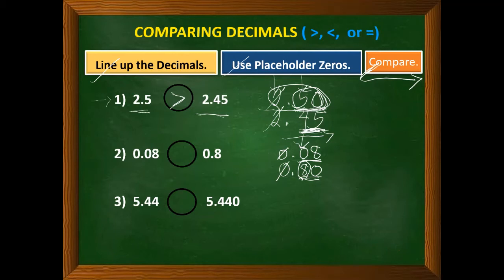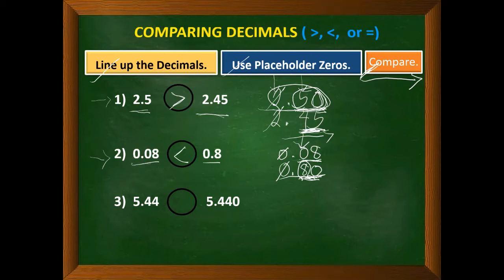Okay, therefore 8/10 or 80/100 is greater than 800. Let's put the comparison symbol. Okay, so we know that this one is greater than this one. Okay, and then let's read from left to right. So it's 800 is less than 8/10.